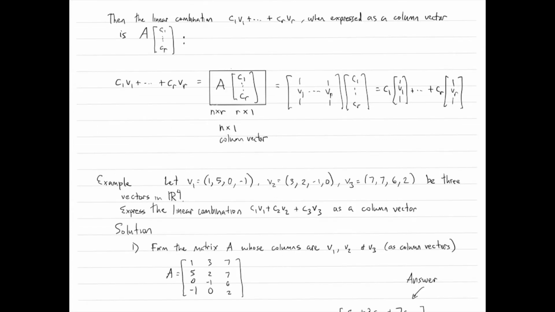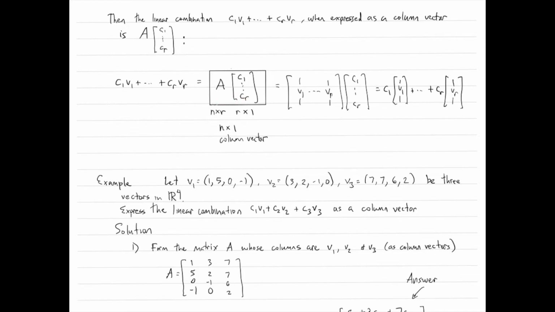The reason we're doing it this way is that the linear combination C1v1 up to CRVR, when expressed as a column vector, is this matrix product, A times C1 down to CR, expressed as an r by 1 column vector. And why is that? Well, we've got C1 times V1, and so forth.